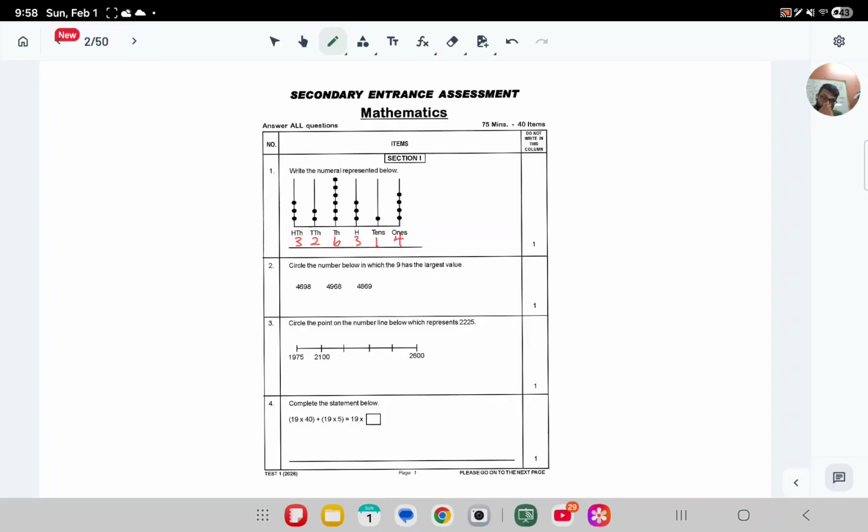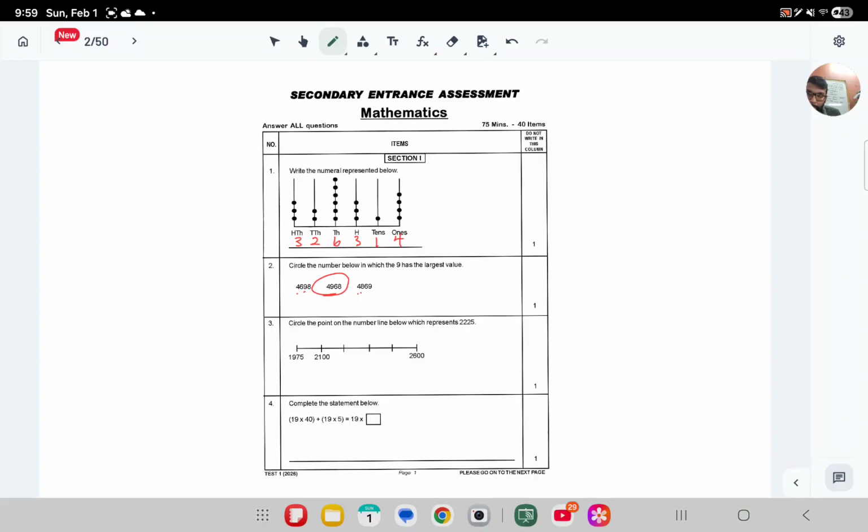Number 2, circle the number below in which the 9 has the largest value. So for the 9 to have the largest value, it needs to be placed in the place value column which is the highest. So we have 4 digits here, so it will either be placed in the thousands or the hundreds. All start with 4. So now we look at the hundreds value, and we see that the 9 is in the hundreds value over here.